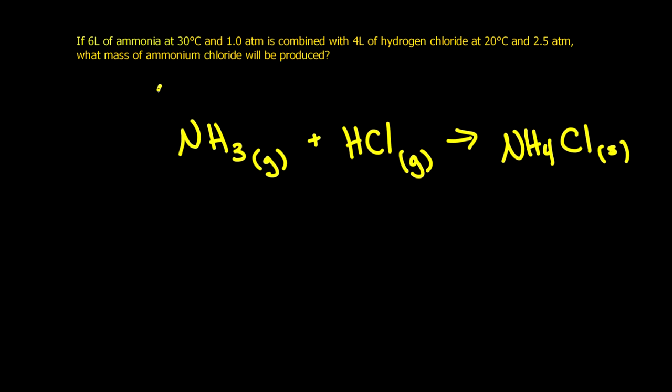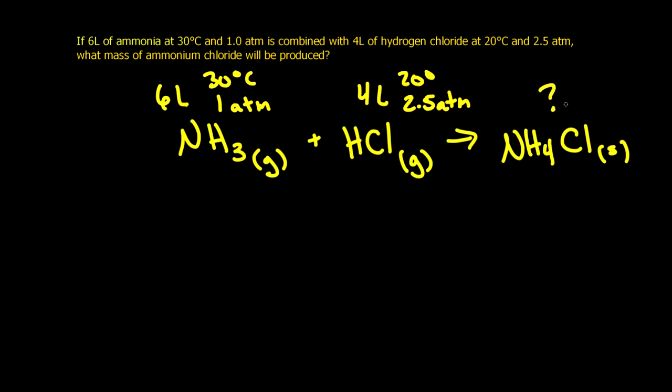So I got 6 liters of ammonia at 30 degrees Celsius, 1 atmosphere. I got 4 liters of hydrogen chloride at 20 degrees Celsius and 2.5 atmospheres. I'm looking for the mass of ammonium chloride. So let's figure out the moles of each first, so we can figure out the limiting reactant.